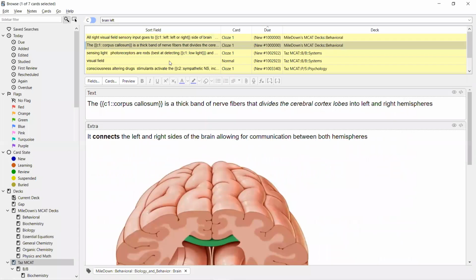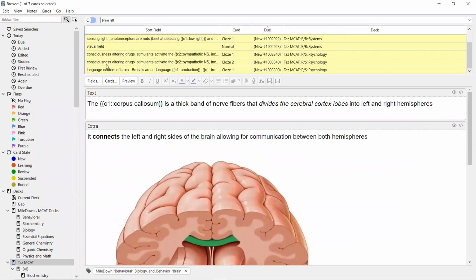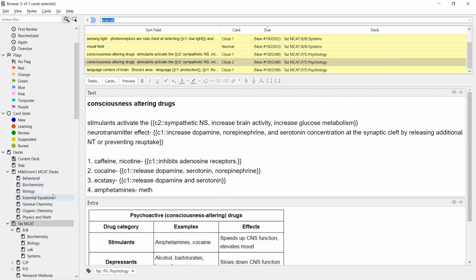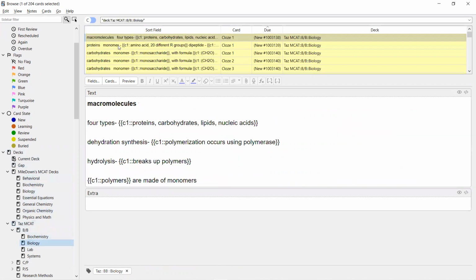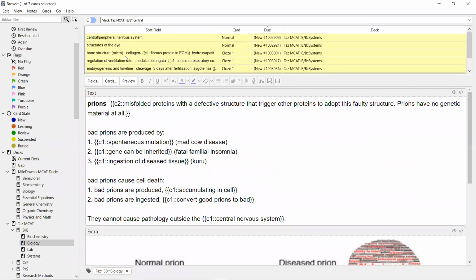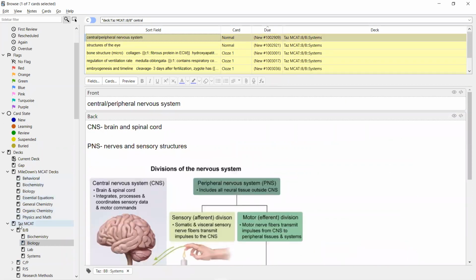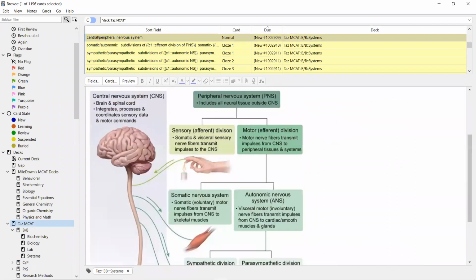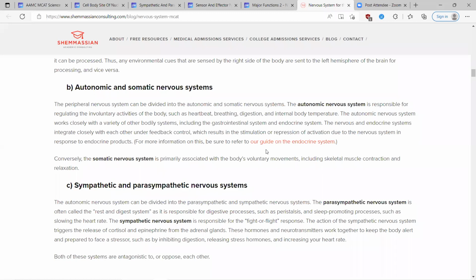So now we talked about the CNS, and we'll talk about the spine in just a moment. Okay, so we talked about the CNS here, and then we have the peripheral nervous system, right?